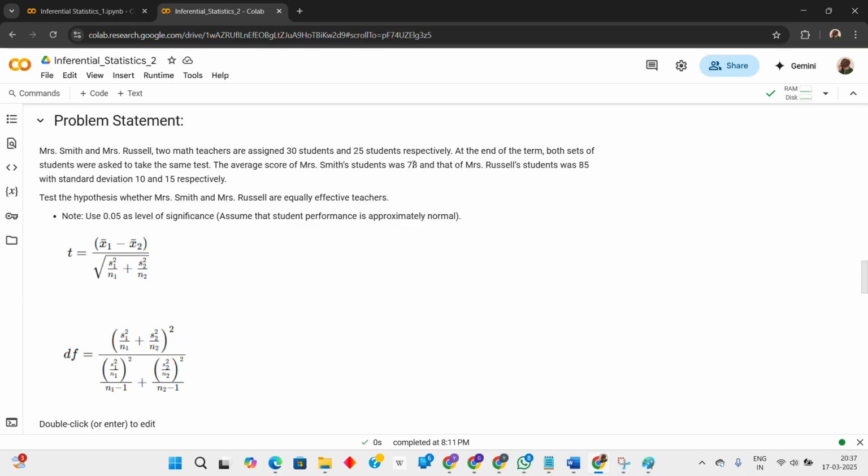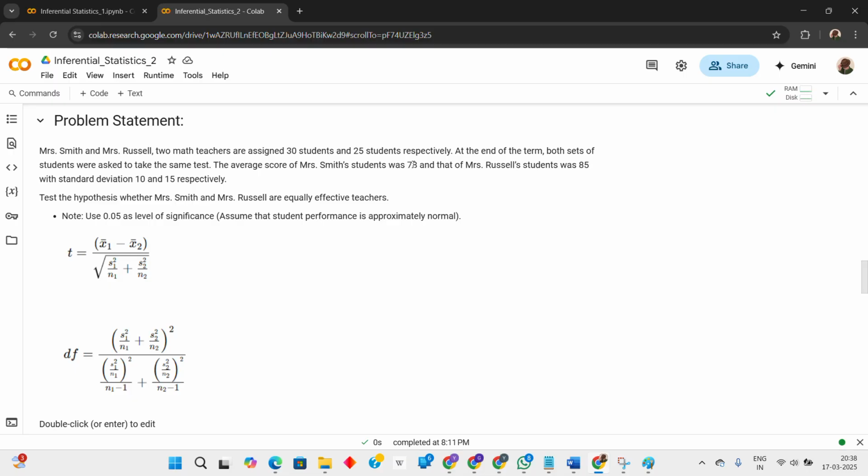Now we are going to test the hypothesis that Smith and Russell are equally effective teachers. So we are going to test the statistical parameters. Smith has 30 students, Russell has 25 students. If the same number of students were assigned to both and the averages were the same, we could easily tell which teacher is really good, because it is the same subject and same test.